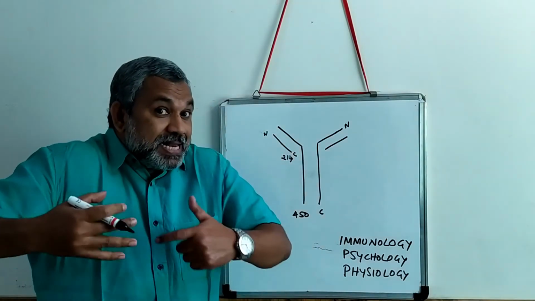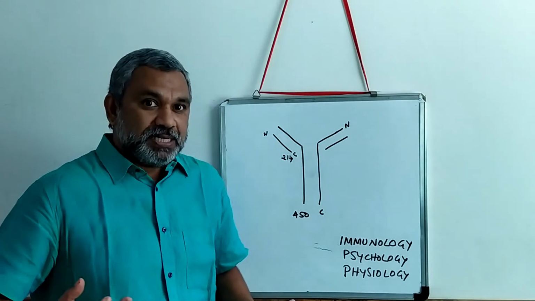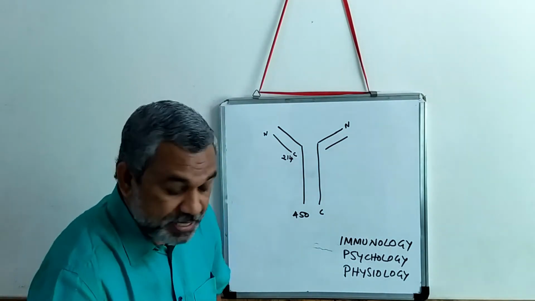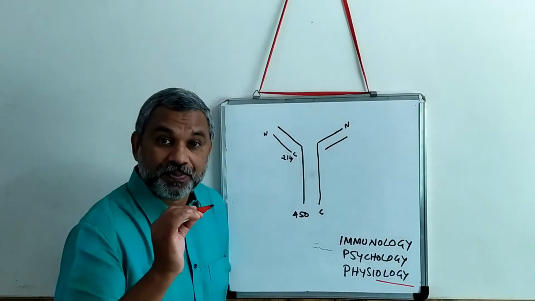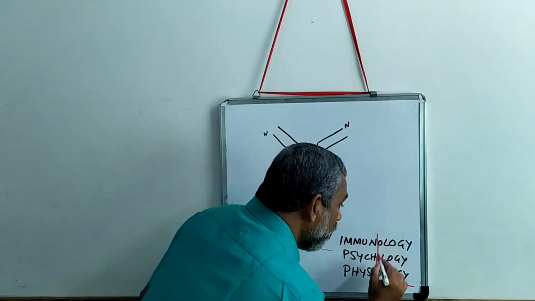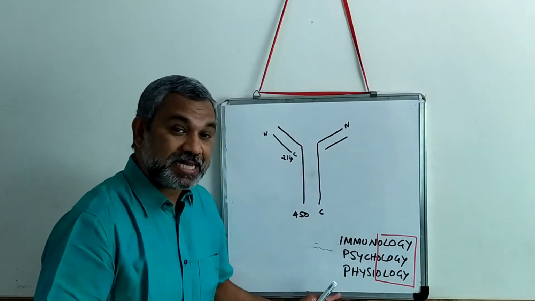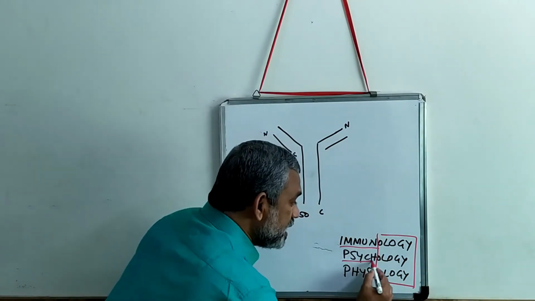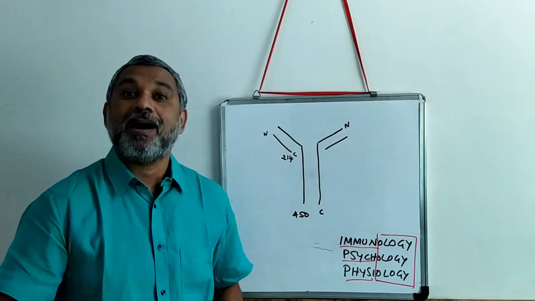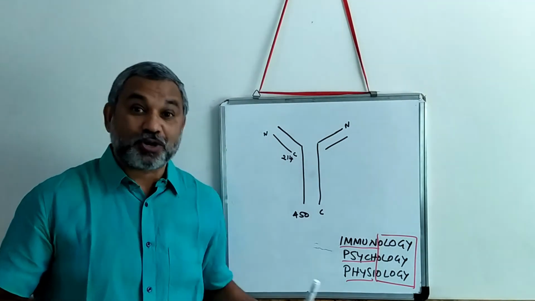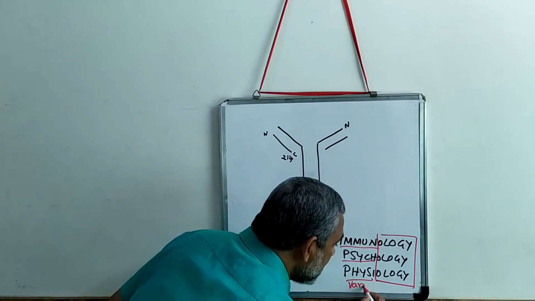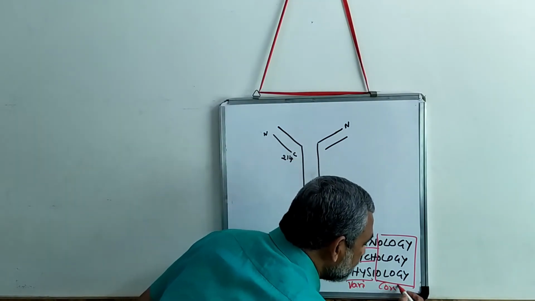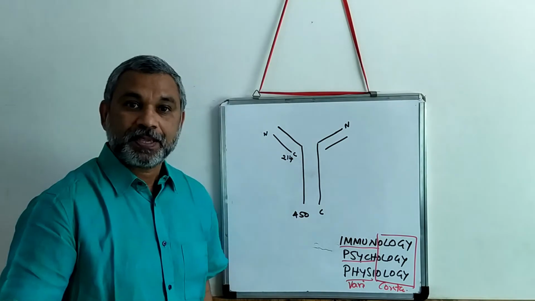You see that there is something rhyming here. What is rhyming is that the word ology is the same in all three words. Ology is the same, whereas immune, psycho and physio are the varying portion in each of these words. So these are the variable, varying regions, and the other is something called a constant.